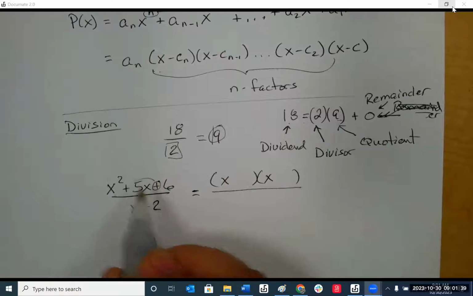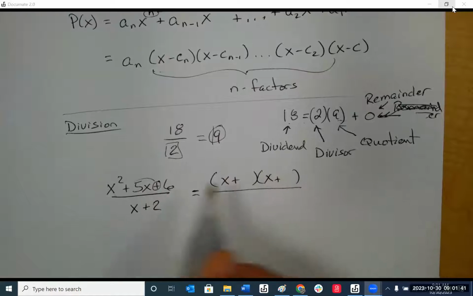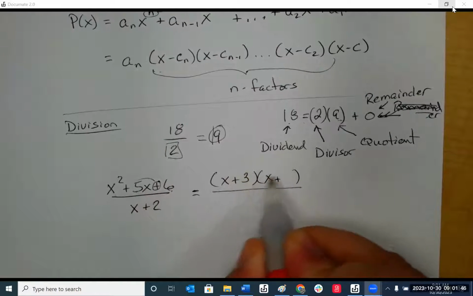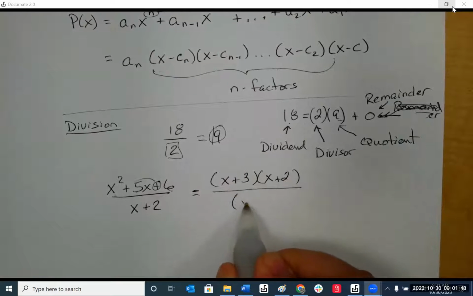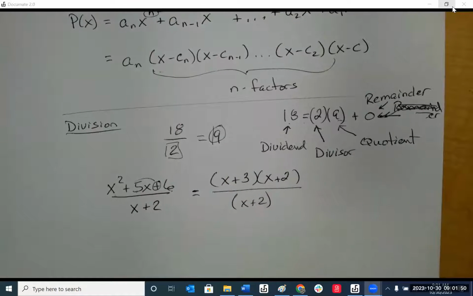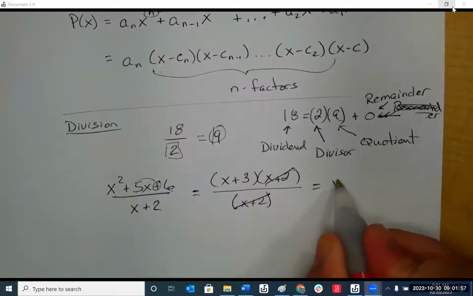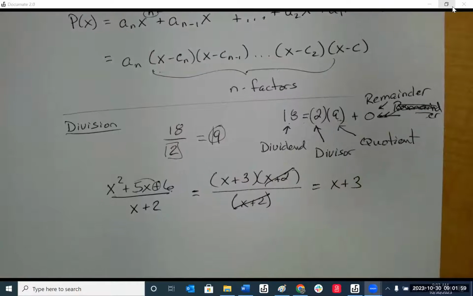They're both the same signs, both plus. What times what is 6, and when you add them, you get 5? 3 and 2. And the bottom is x plus 2. So if these cancel, we come up with our answer of x plus 3, no remainder. So if we take this equation divided by that, our answer should be x plus 3.